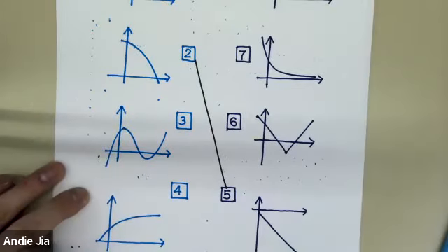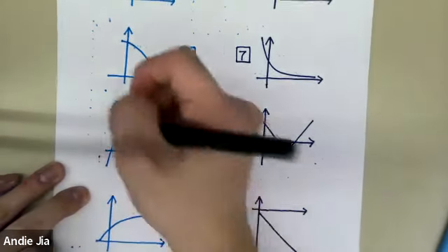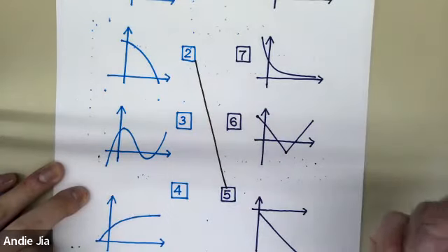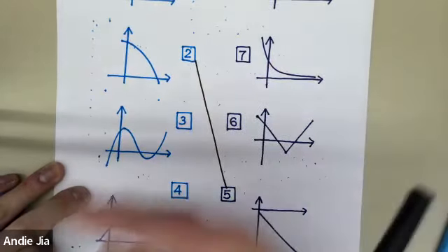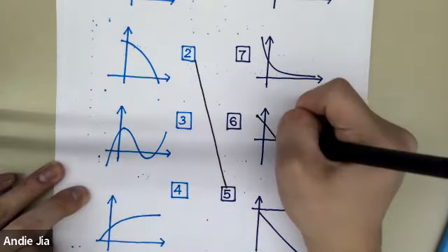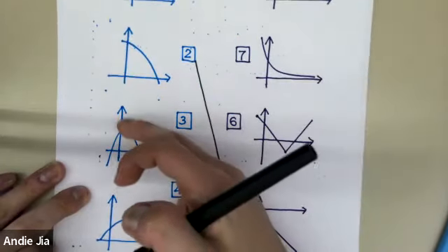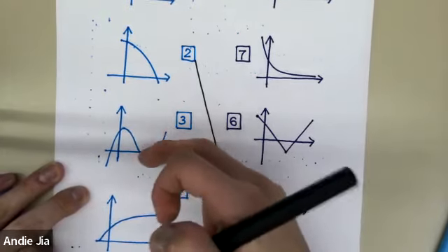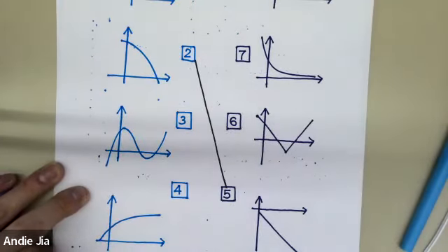And number three is increasing with a horizontal tangent. Horizontal tangent is when the derivative is zero. It hits zero in the first quadrant, then hits zero again at another horizontal tangent. So the derivative hits the x-axis twice.